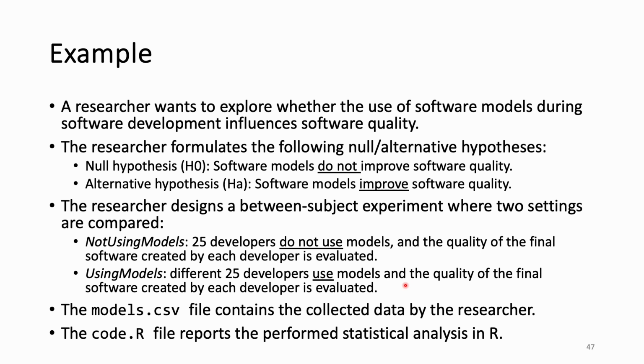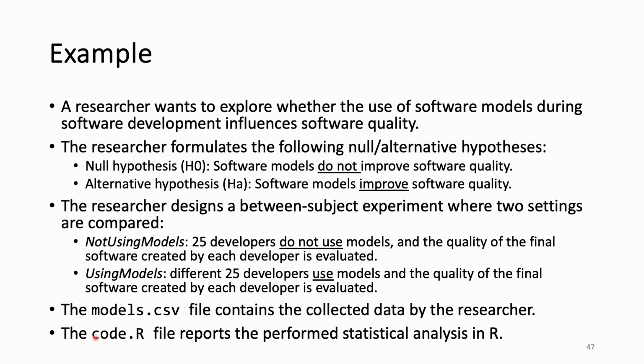So for this example, I have created two files. We have the models.csv file, which contains the data that are collected by the researchers, so data about the quality of the final created software and the condition if these developers used or did not use the models.